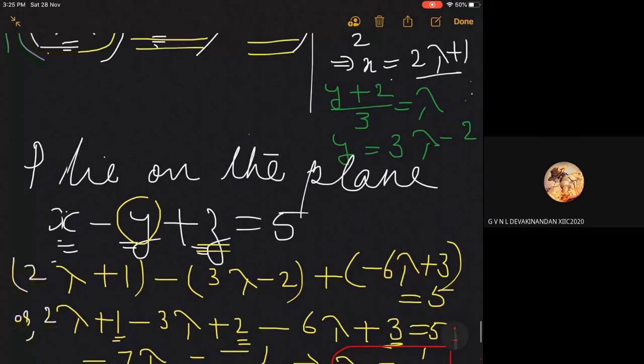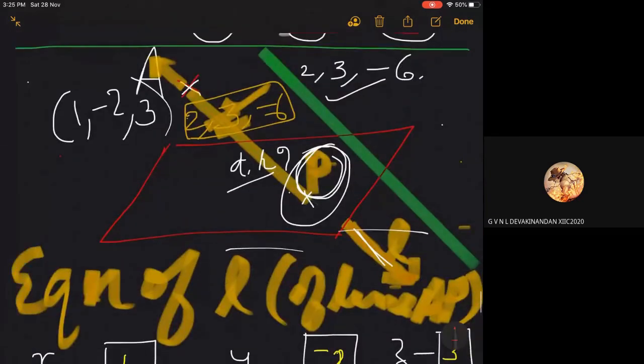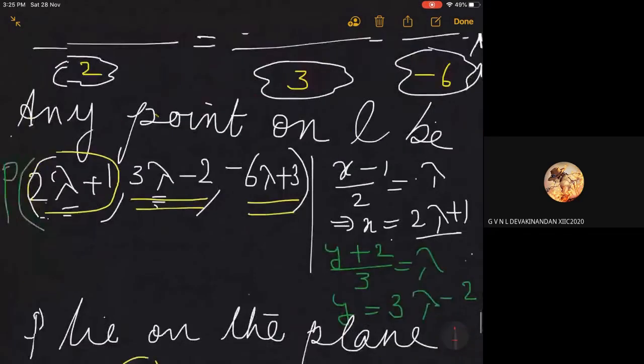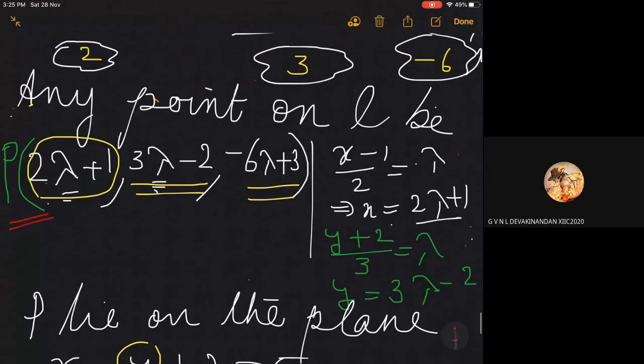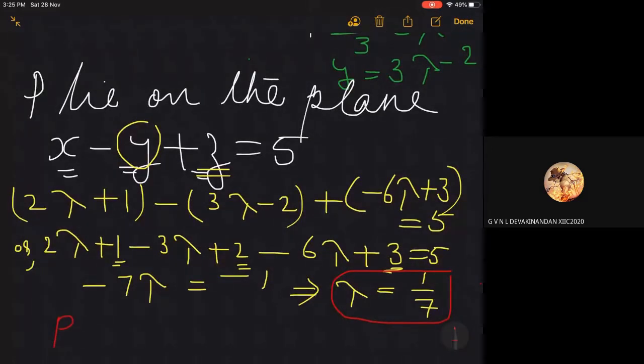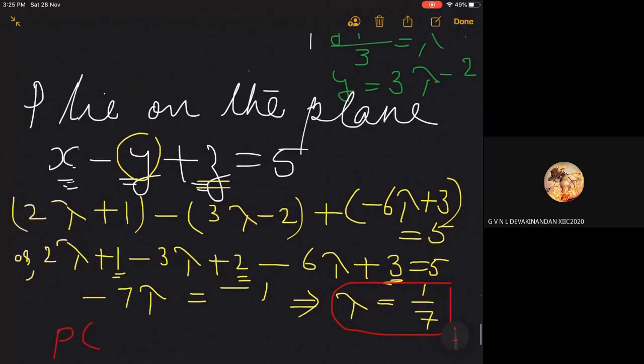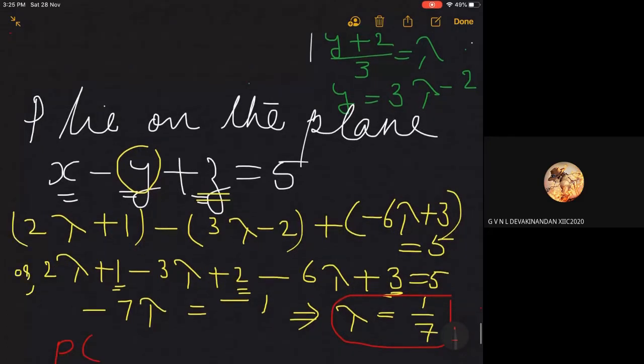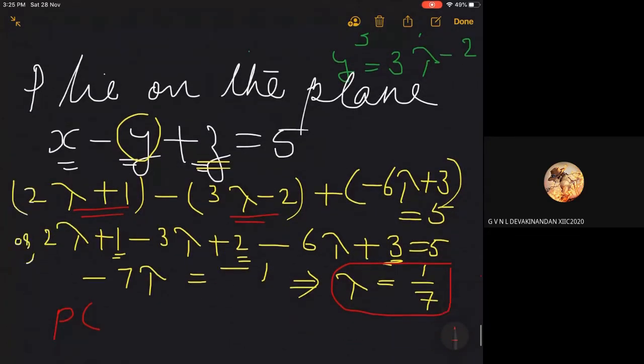And now what is that? Coordinates of P we will get, right? The coordinates of P will be what? P is 2 lambda plus this one is a coordinate. Putting the value there, you will get 2 by 7 plus 1, and 3 by 7 minus 2, and minus 6 by 7 plus 3.